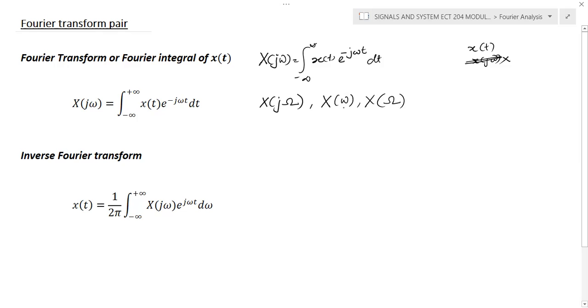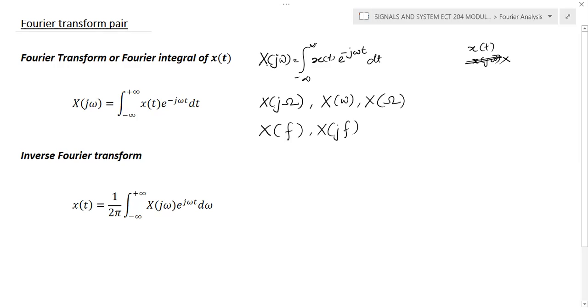In some other textbooks, since omega is angular frequency, they will indicate the representation simply in terms of f. They can use X of jf also. All these notations represent the same thing, so don't get confused with the notations.